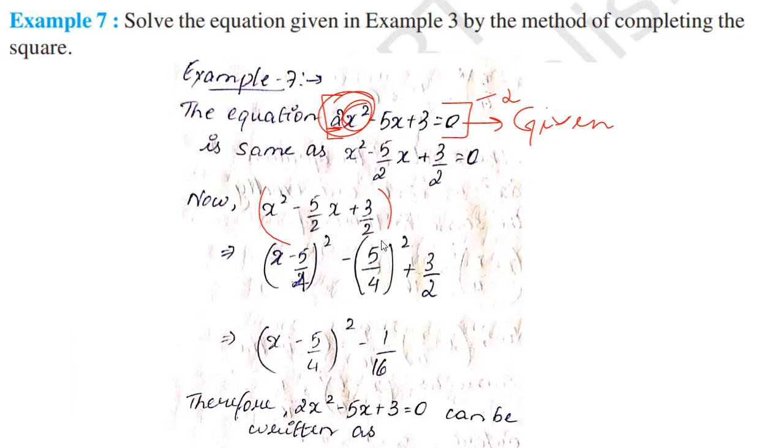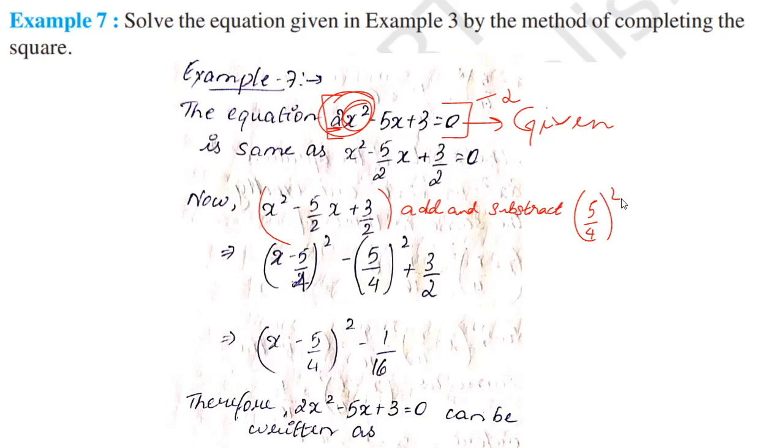For this, I will write a statement over here: add and subtract 5 by 4 the whole square.